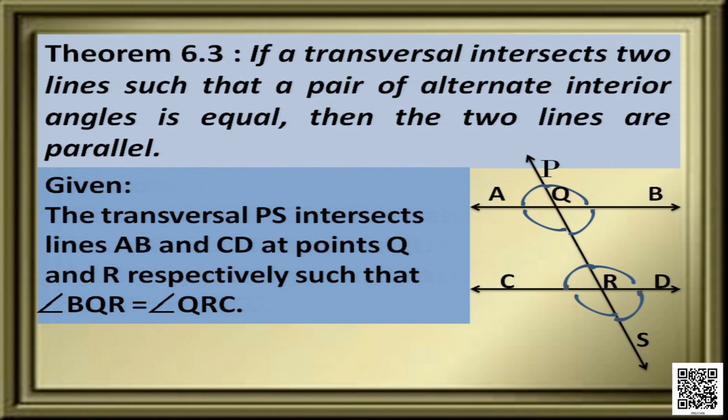So we can write: the transversal PS intersects lines AB and CD at points Q and R respectively, such that angle BQR is equal to angle QRC. Then what to prove? We have to prove the line AB is parallel to CD. So let's prove it.